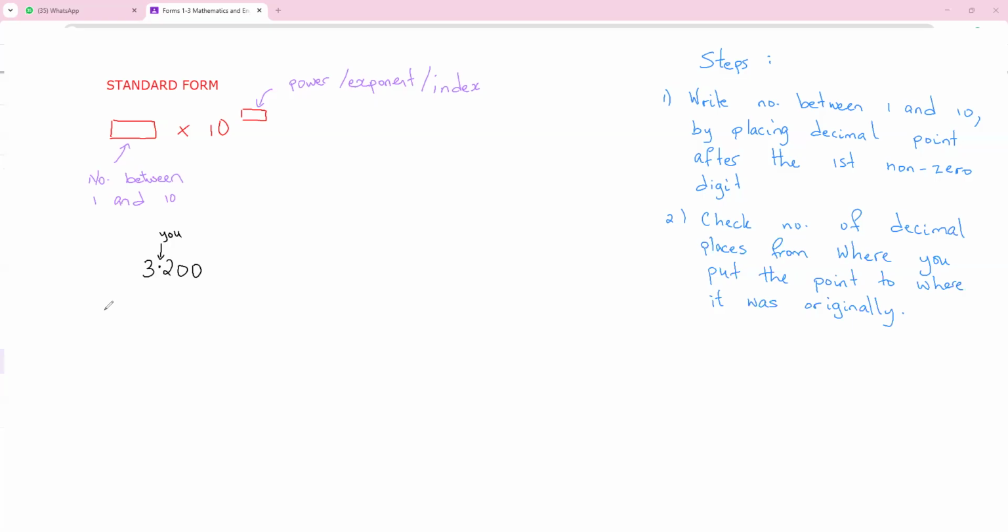Right? So you're going to check it from where you put the point to where it was originally.